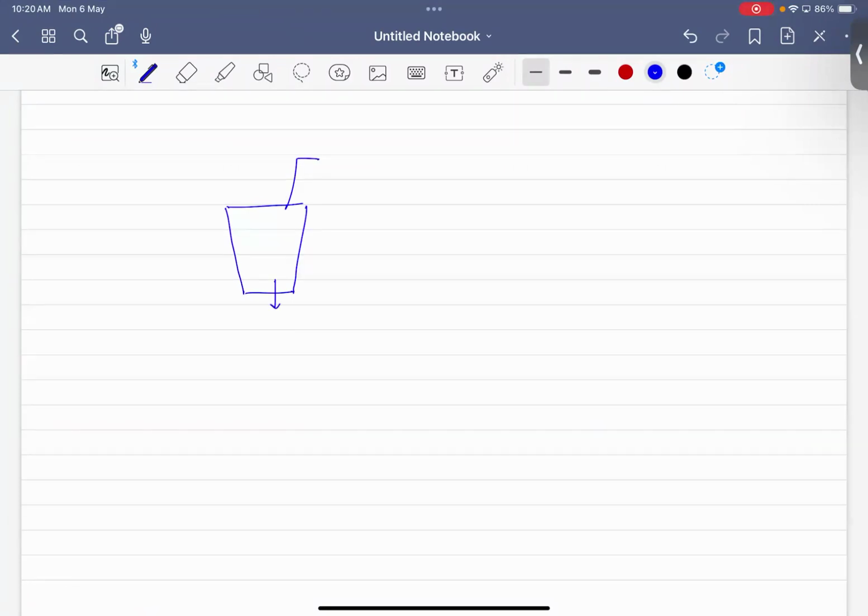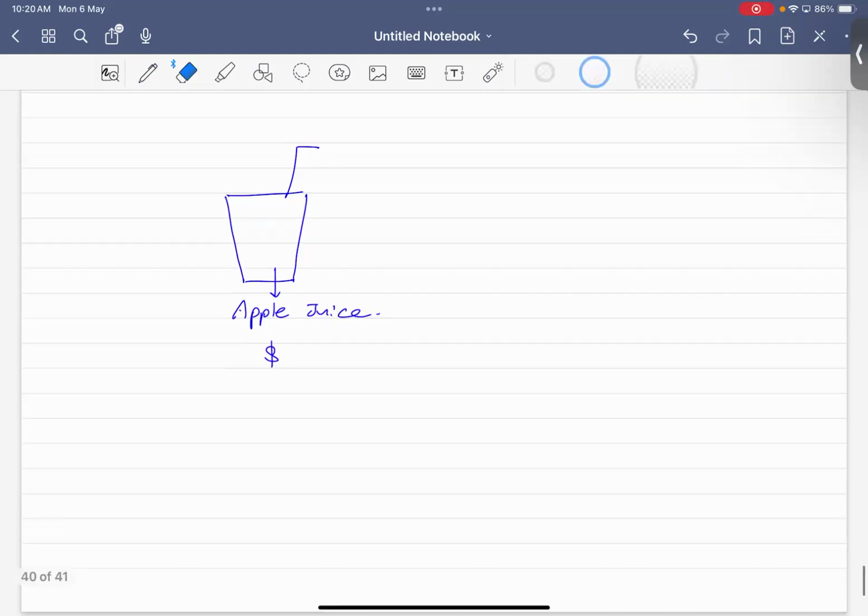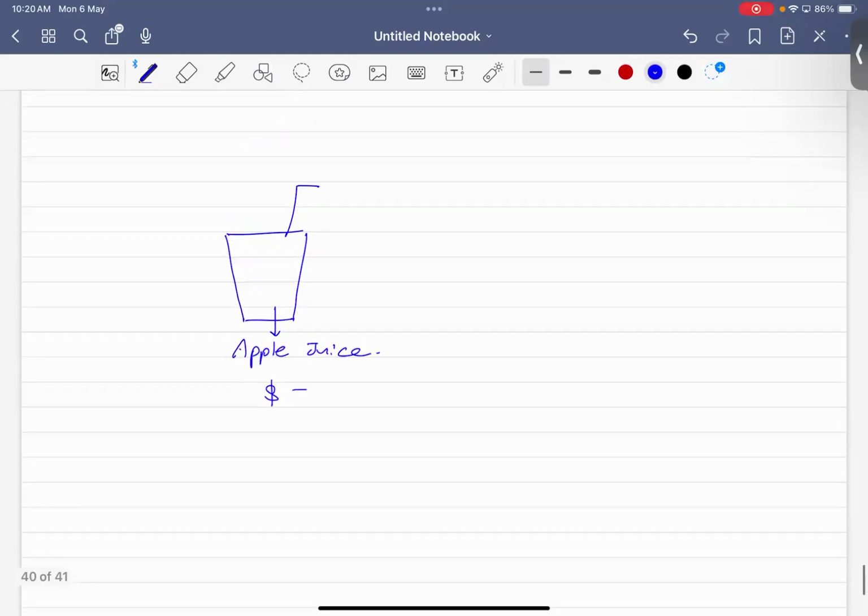Let's say this apple juice is $5. Okay, now let's say there's an apple here. So the apple is $2.